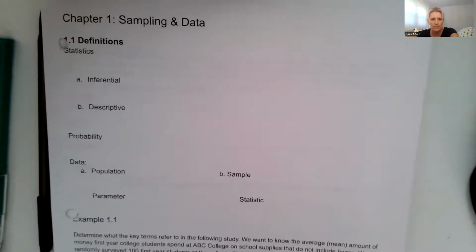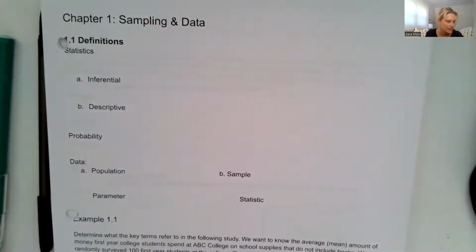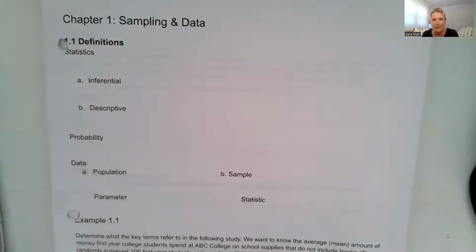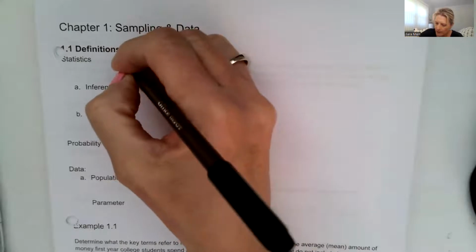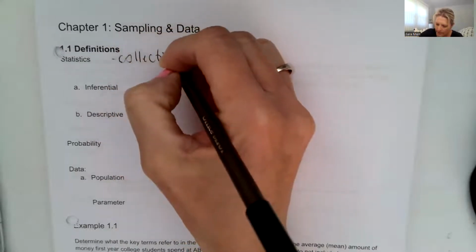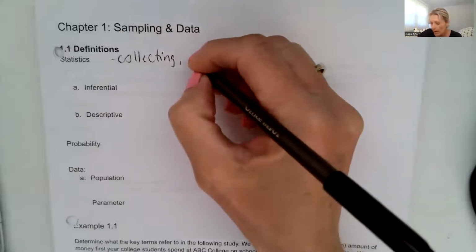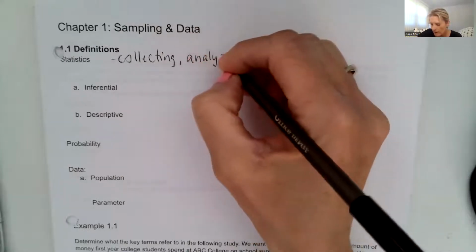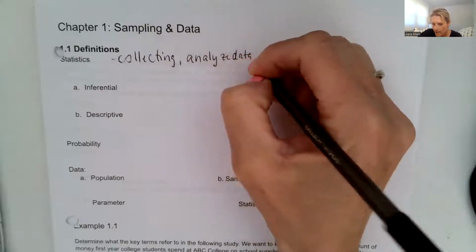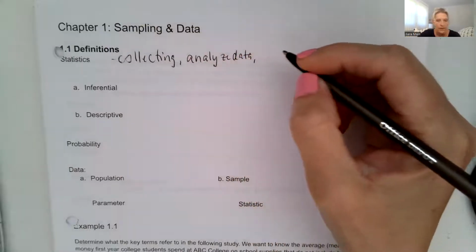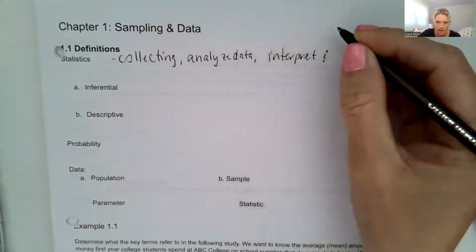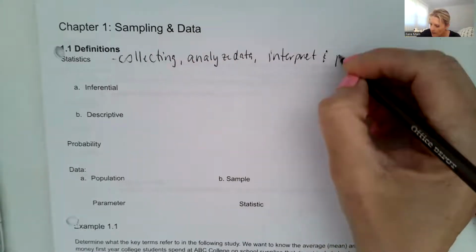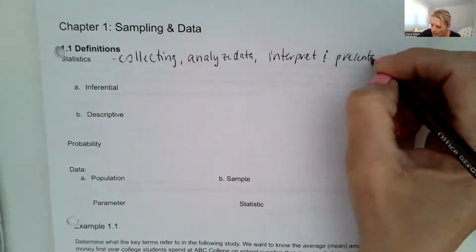So first of all is statistics. What is statistics? Statistics can be thought of in lots of different parts of our English language. We can think of statistics as collection, so collecting data, analysis, we're going to analyze data, we're going to interpret, and also do some presentation of data this semester.